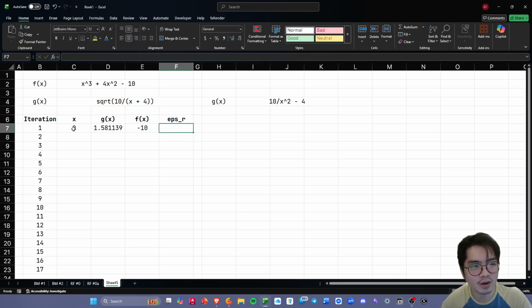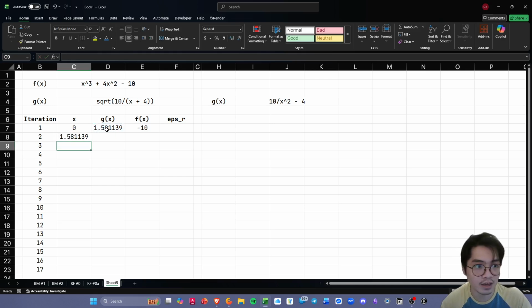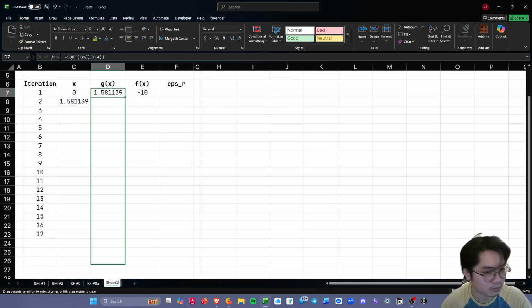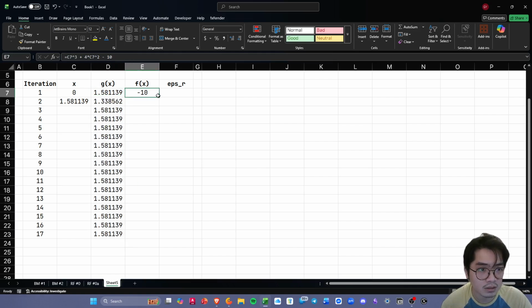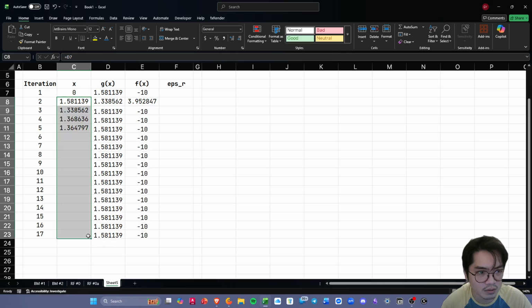But we don't have our approximate yet. But what we will do now here is basically get this, and then we can drag this down. And your f of x, you can also drag down like this. And we will drag this down.